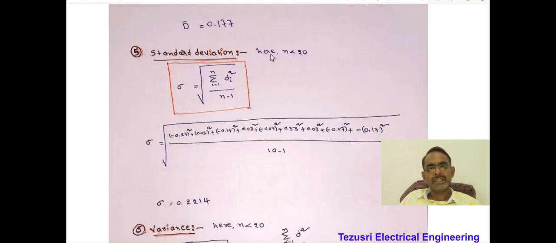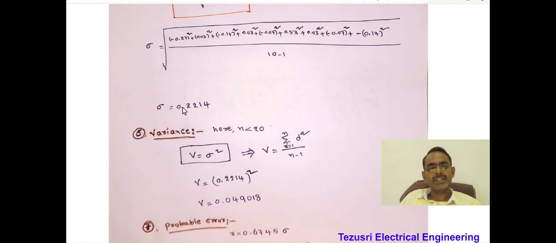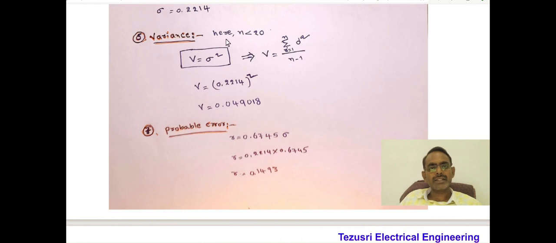Next, the standard deviation. Here the number of samples is 10, that means less than 20. Standard deviation equals square root of sum of the deviation square by number of samples minus 1. Calculating, we get 0.2214. Next, variance. Here number of samples equals 10, which is less than 20.